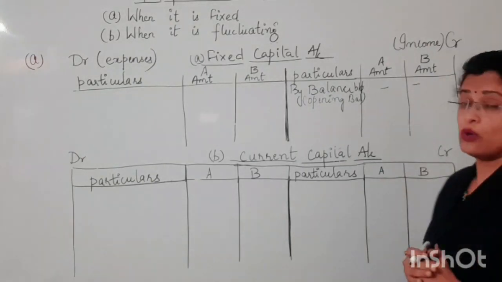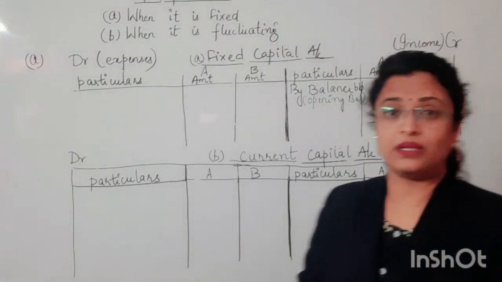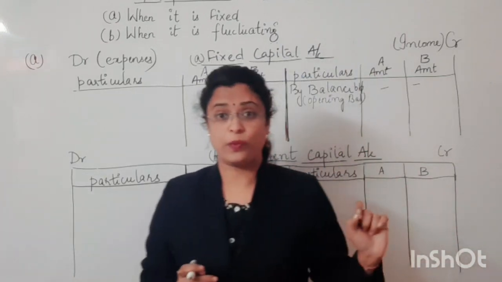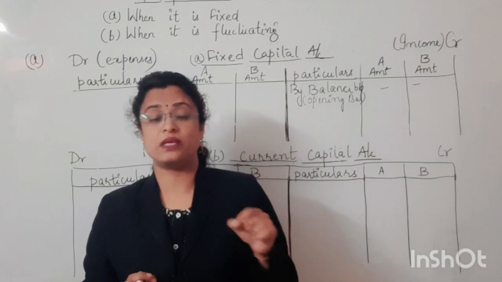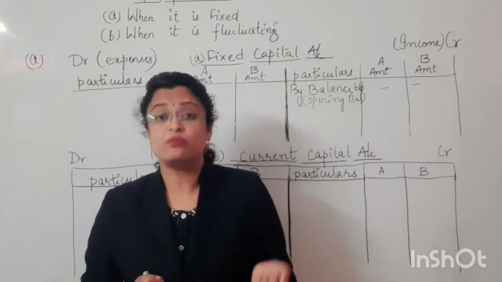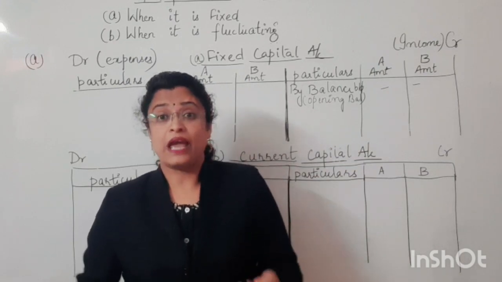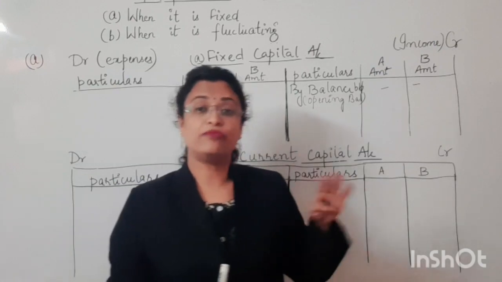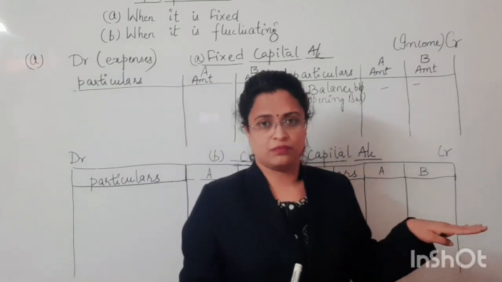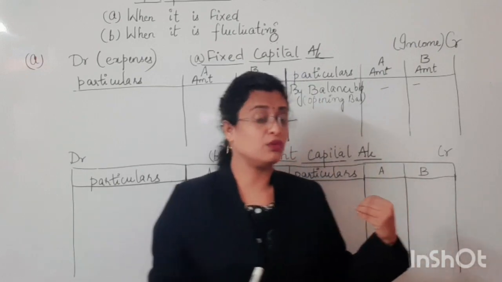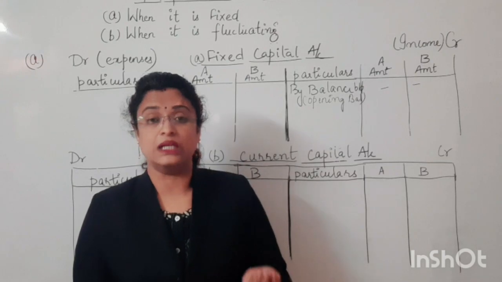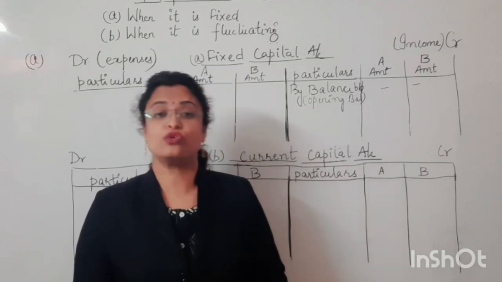Okay children, now the next thing, when we talk about capital, two things can happen. Though it doesn't take place frequently, it can take place in the business sometimes or rarely. For example, if additional capital is introduced by the partner, apart from the normal capital which they introduced in the beginning of the year, that can also be considered.